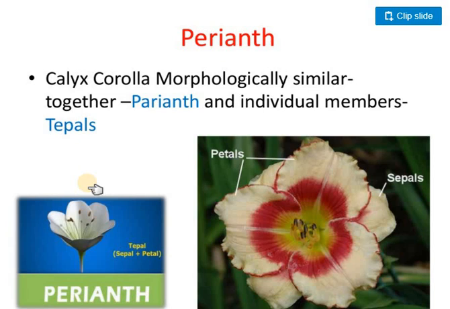And the individual units of perianth are called tepals. So when calyx and corolla are not distinguishable, they are called perianth, and the units of the perianth are not sepals or petals, but tepals.